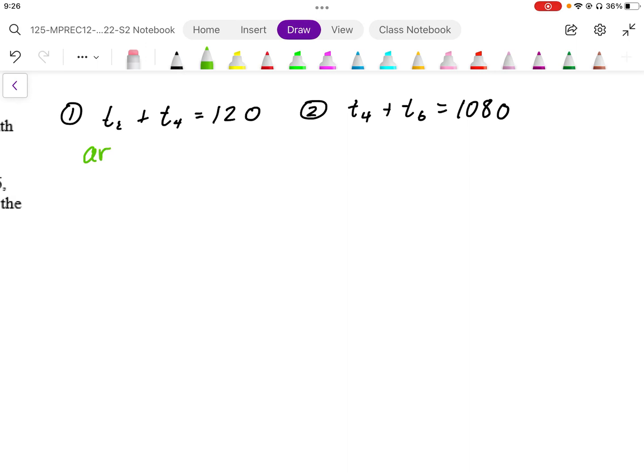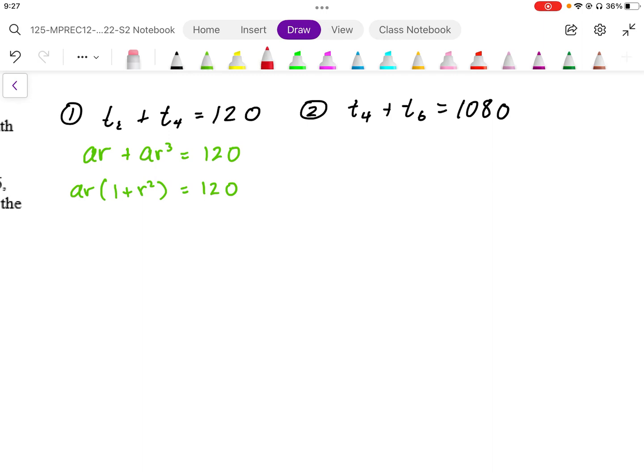So I'm going to write this T2 as AR, plus T4 is going to be AR cubed, and that's equal to 120. And what I'm going to do is factor this out. So I get AR times (1 plus R squared) equals 120.